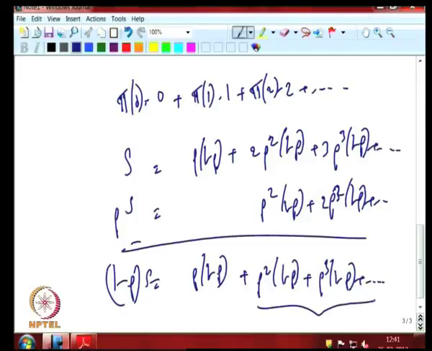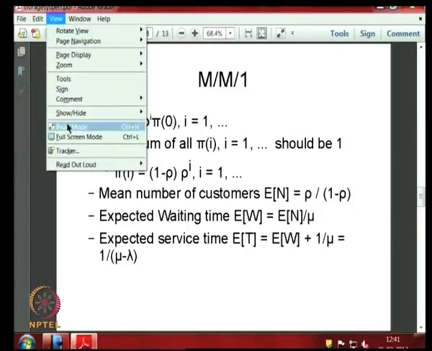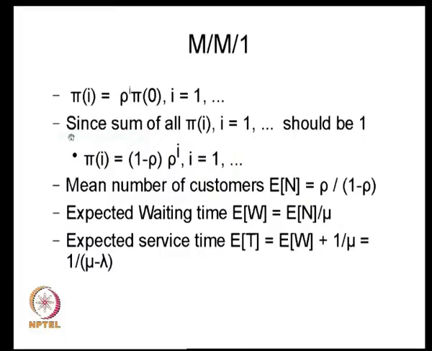Now this can be summed up, because this is basically a geometric progression, and you can compute S from here. It's very straightforward manipulation. If you compute that, you will find that the mean number of customers is rho by 1 minus rho, okay.